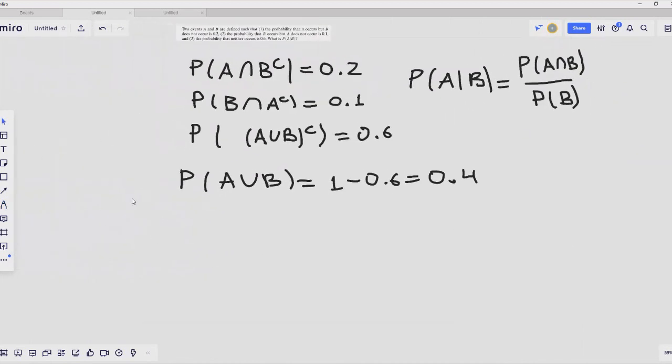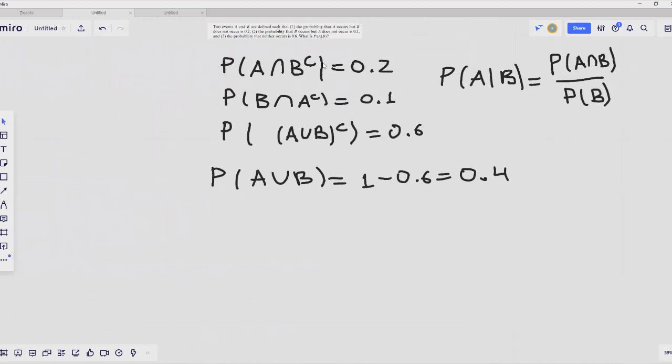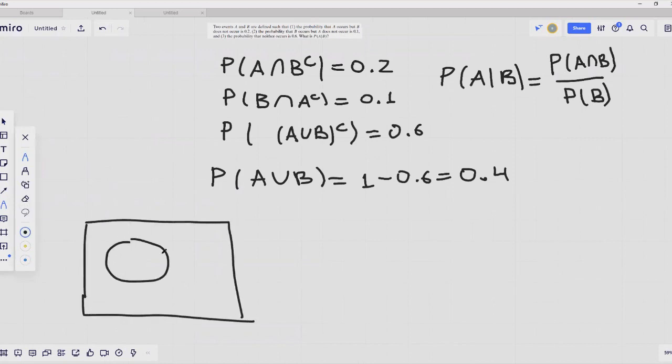Now, let's take a look. I know these two values. Let's take a look at the following Venn diagram to make it clear. We have event A, event B. Let's color this part in blue. So A intersection with B complement is everything inside of A except its intersection with B. Let's color it in blue.